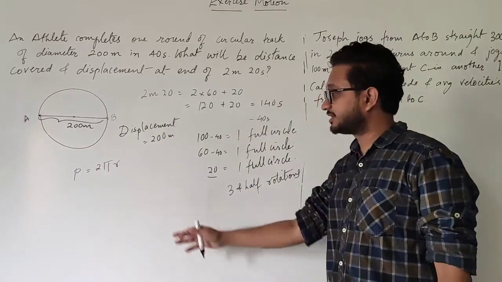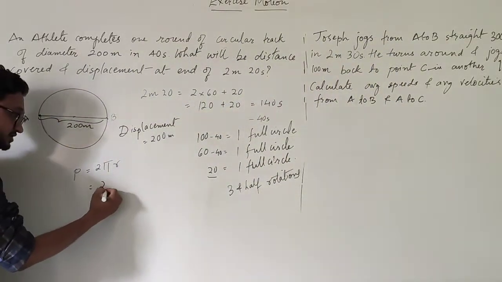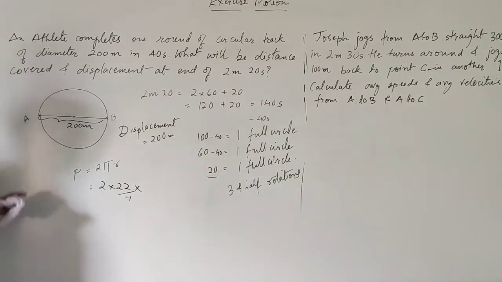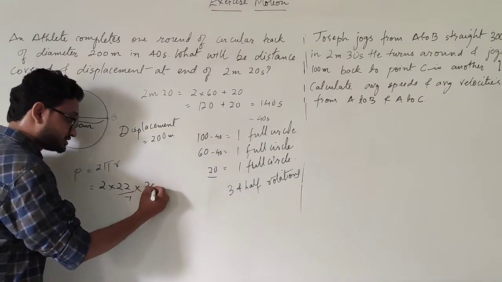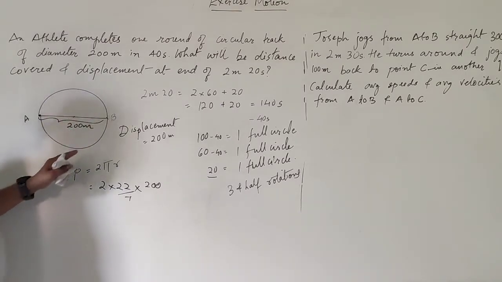So the athlete has completed 3 full circles. We do a simple calculation: 2 into 22 by 7 into the radius. This is the distance he covers for one complete circle.